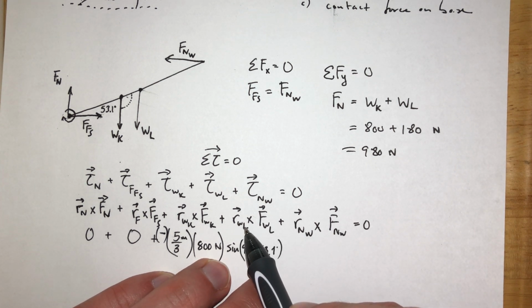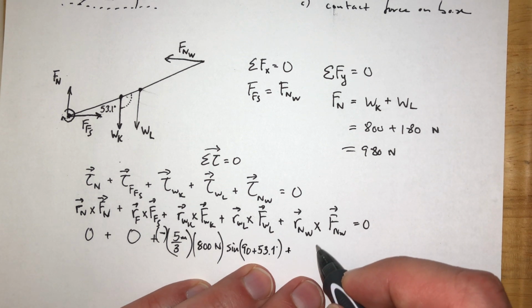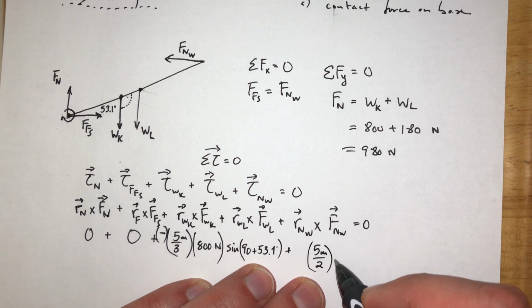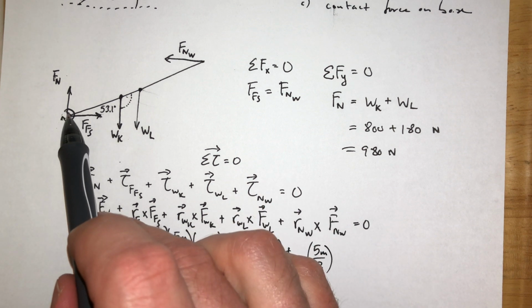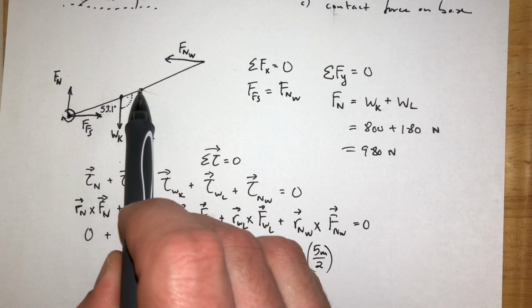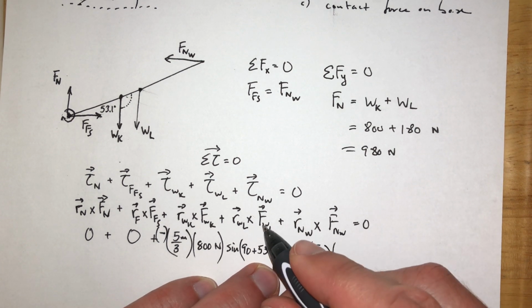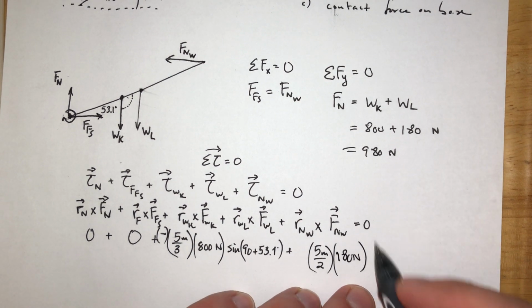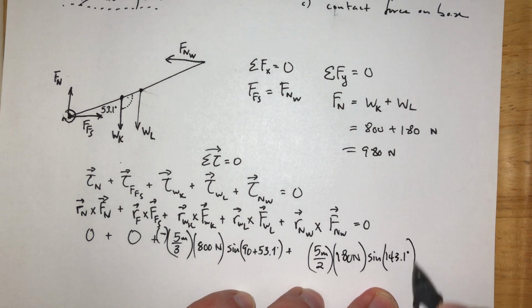The weight of the ladder is, again, okay, so we got halfway up the thing, magnitude of that position vector from the axis of rotation to the point of action of the force, the weight of the ladder, the sine of the angle, and it's the same angle, which is 143.1.